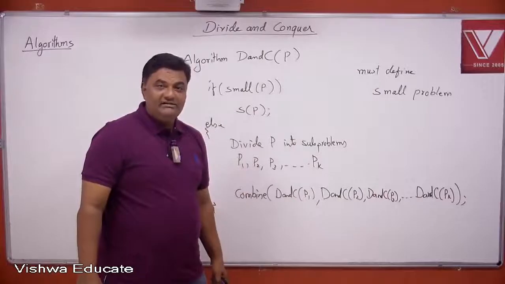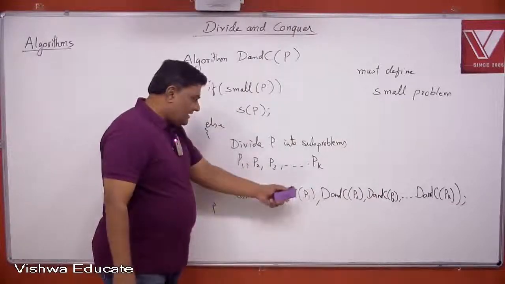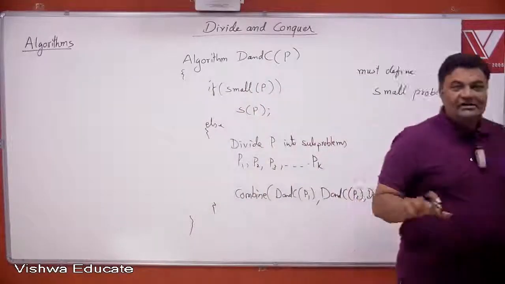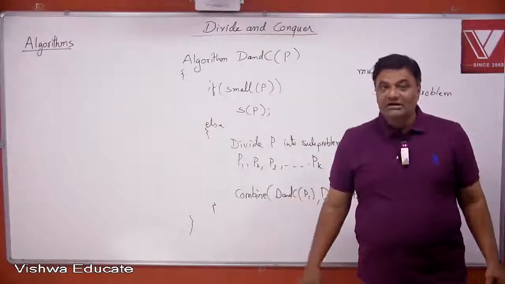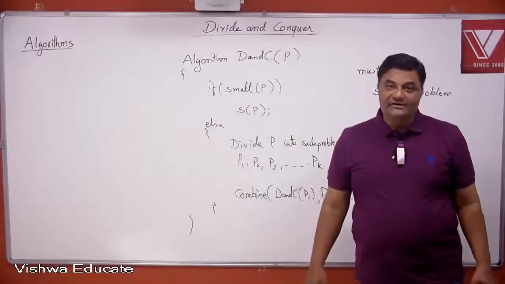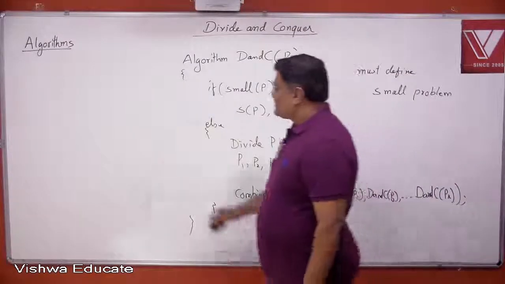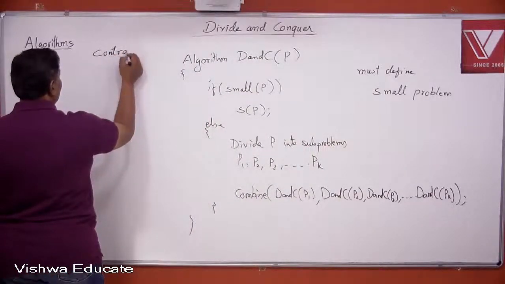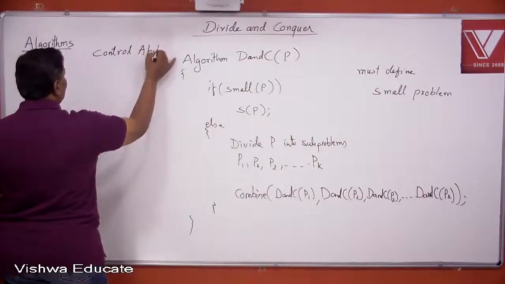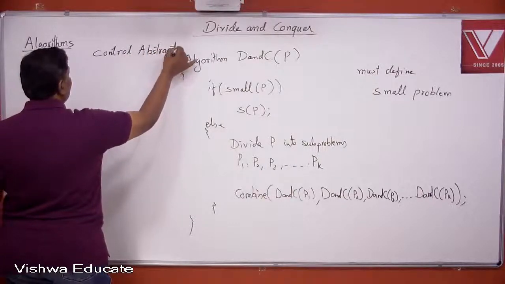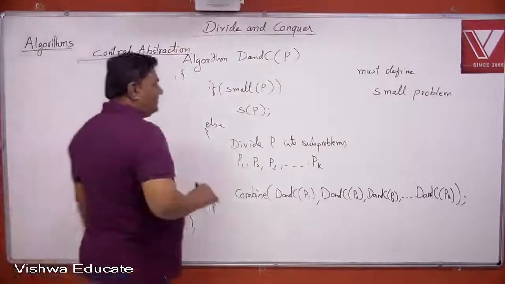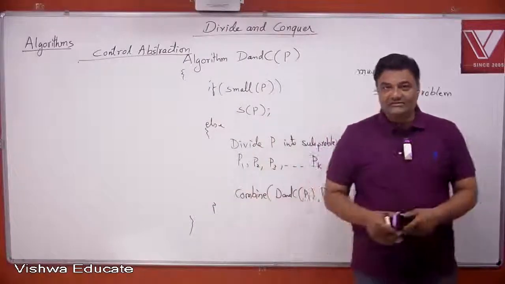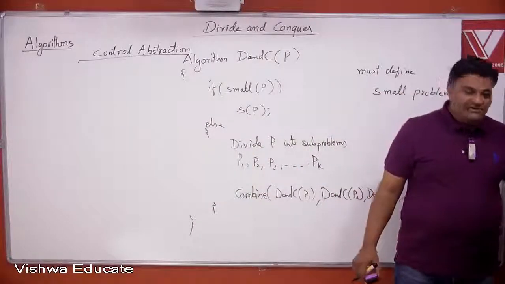So I already told you that it is recursive, and combine all their solutions. So take this. This is the general form of divide and conquer, or the control abstraction of divide and conquer. So what we have just now discussed in words, we have written algorithmically. Copy this, control abstraction.